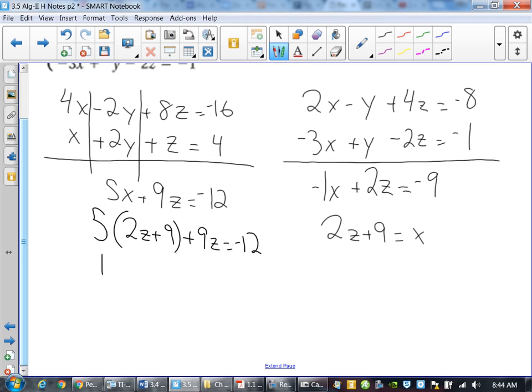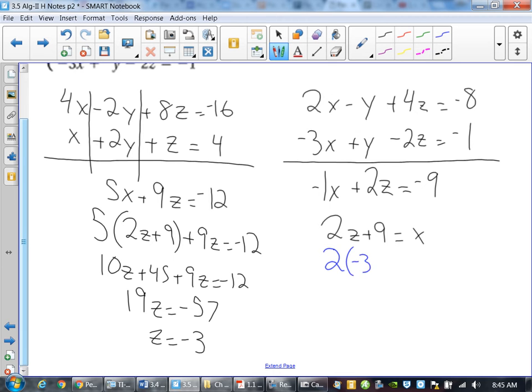And with any luck, so it's 19z is negative, what is that, 57? Was that 3? Yeah. Negative 3. So I have a negative 3 for z, and then I just start working backwards. So negative 6, so it's 3.